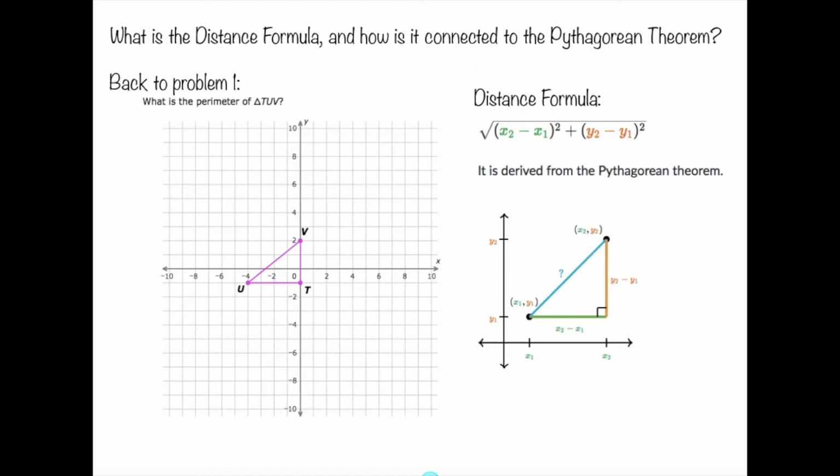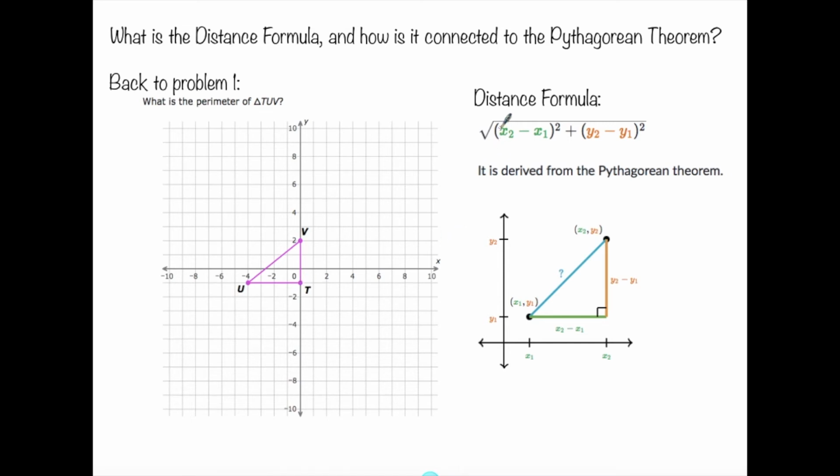Okay, so what is the distance formula and how is it connected to the Pythagorean theorem? If we go back to problem 1, we found the perimeter of triangle TUV without even knowing the distance formula. So why does it matter?